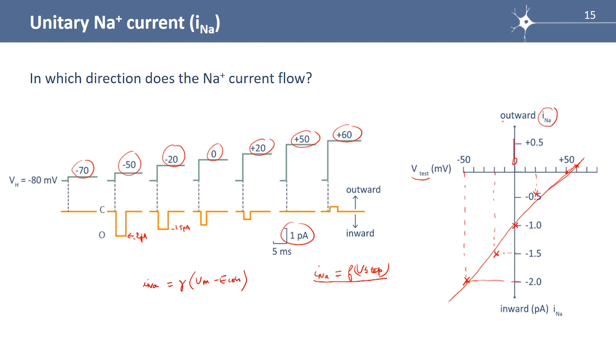This is due to the fact that the driving force is very large because the membrane potential of minus 50 millivolts is far from the reversal potential of the sodium current, which is plus 50. And as we move towards the reversal potential, of course, the current is smaller because the driving force decreases. Gamma here is the slope of this straight line, because the form is y equals ax, where a is the slope.